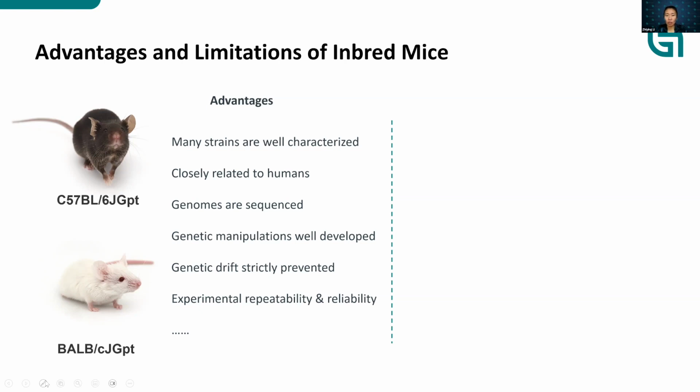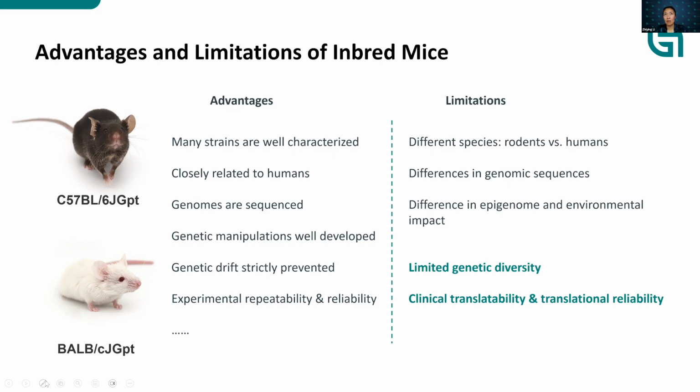At the same time, in order for them to be a reliable research tool, their genetic drift has been strictly prevented using breeding and testing methods, in order to ensure experimental reliability and repeatability or reproducibility. At the same time, the same advantages may actually cast some limitations on these mouse strains. To begin with, they're still rodents.